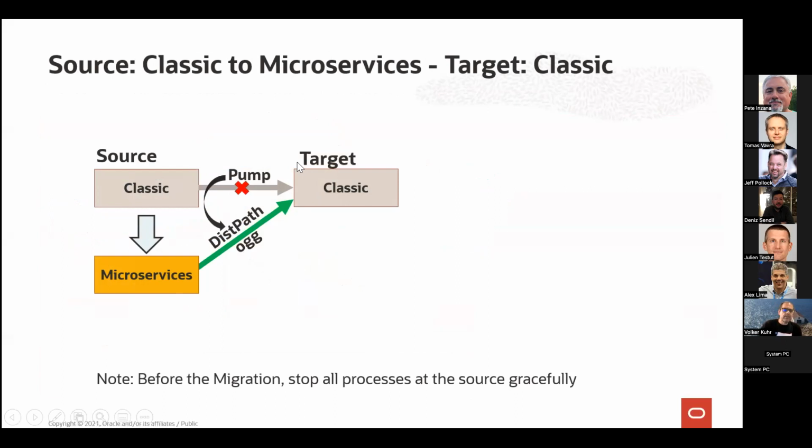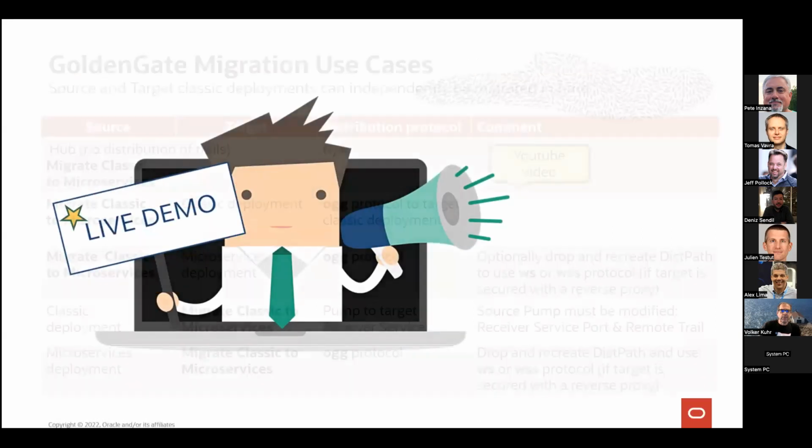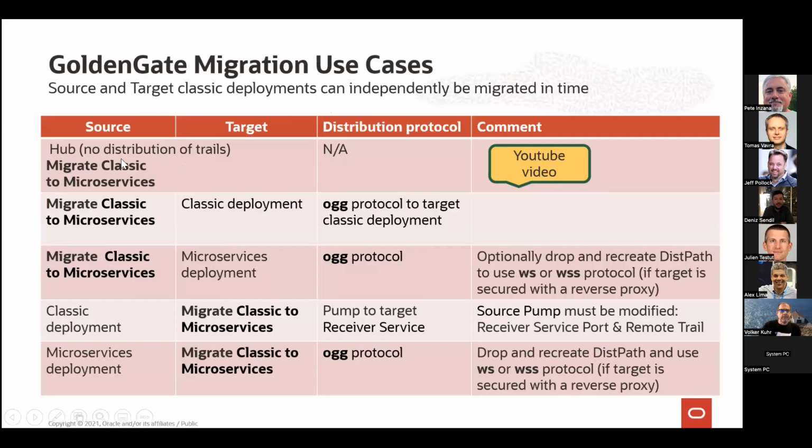The protocol that we have was originally the OGG protocol. What we're doing right now is that we are just switching to the distribution path for the target environment. So the environment that I was using right now, as you can see in here, was a hub model. So I had all my environments in a hub.